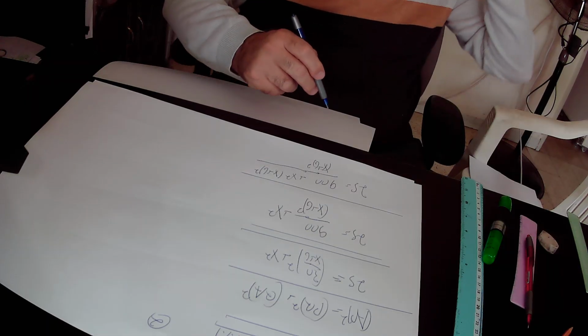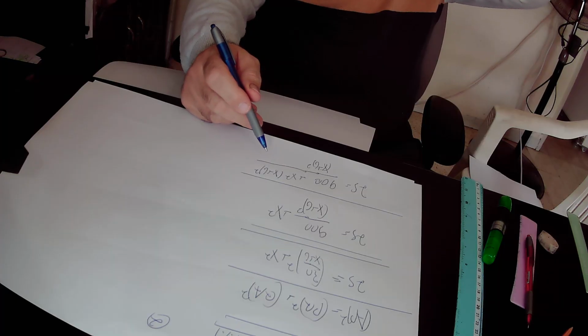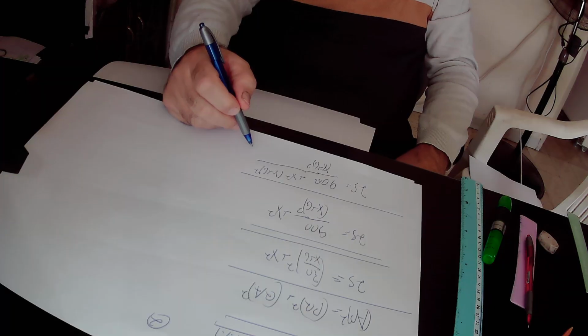So in total, we found out that 25 equals 900 plus x squared times (x plus 6) squared, over (x plus 6) squared. Here we will multiply this equation by (x plus 6) squared.